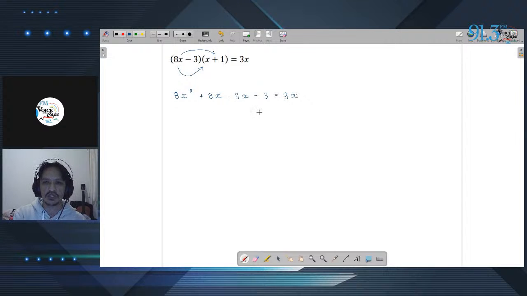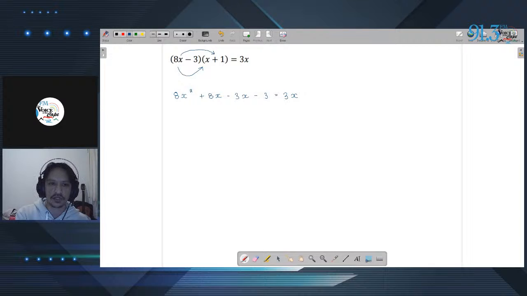Now, remember, we're solving for x. So what we want to do is we want to take this 3x and move it over to the other side and ensure that all our like terms remain together. So all x values stay together, all x squareds stay together, and all constants stay together. So we're going to move this over. And don't forget, when we take something over, we have to change it from positive to negative.